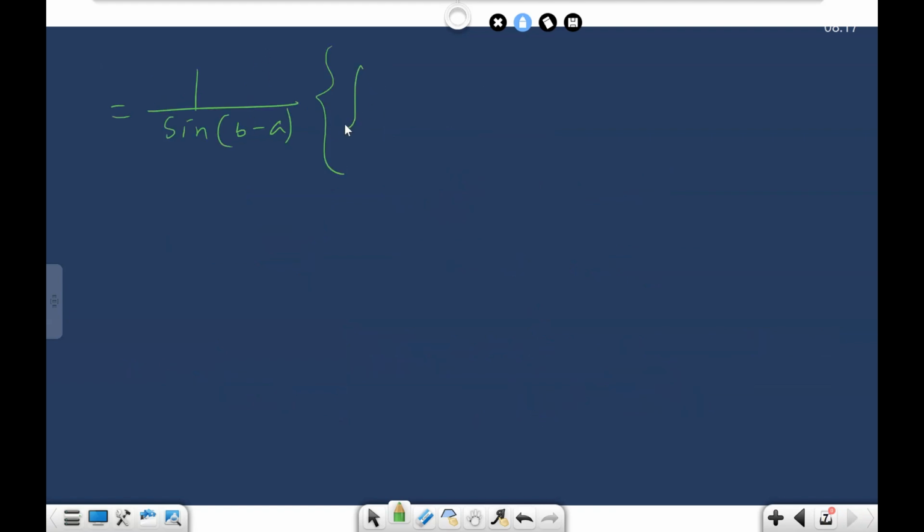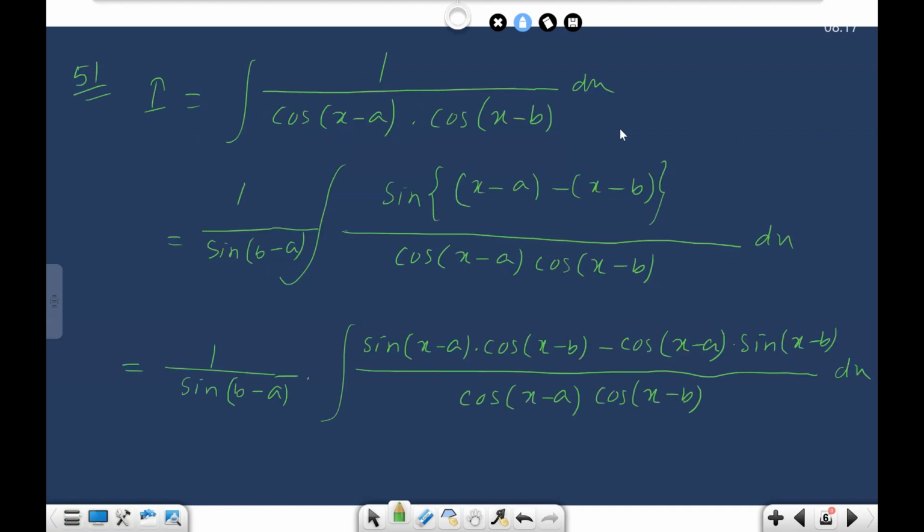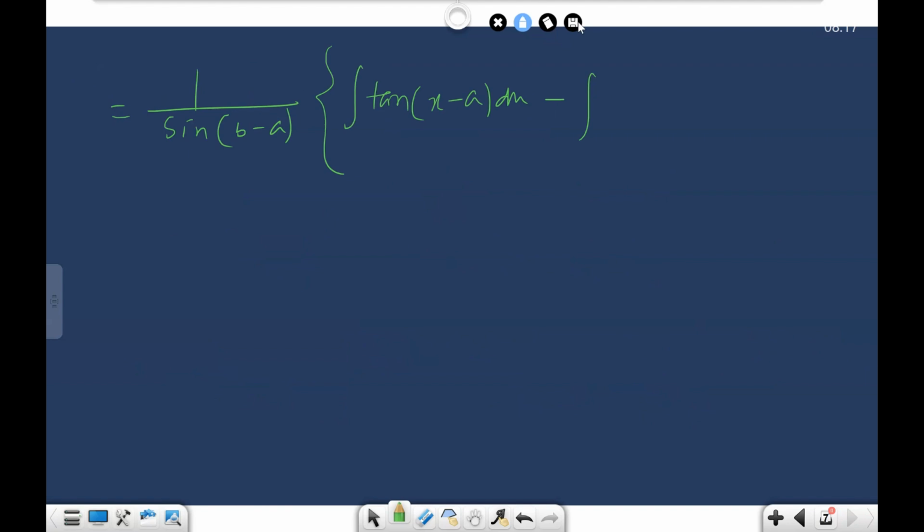So it is integration of tan of x minus a dx, then minus is here, integration, you see again, this term divided by this term, so cos of x minus a will be cancelled out, so your term is sine of x minus b divided by cos of x minus b, and that is tan of x minus b.